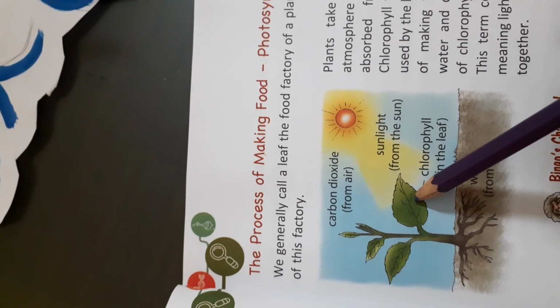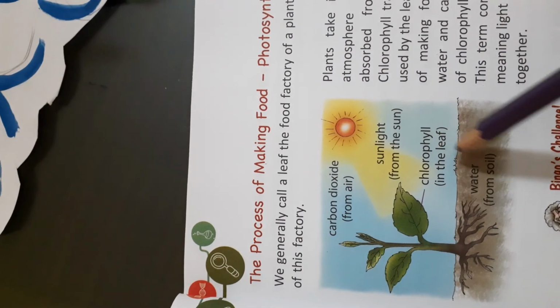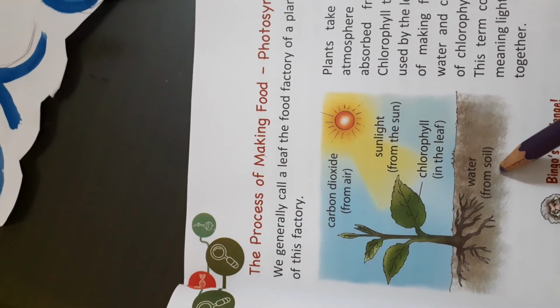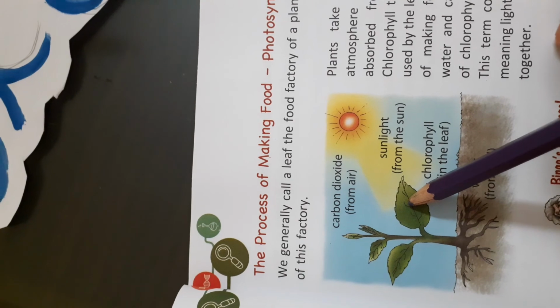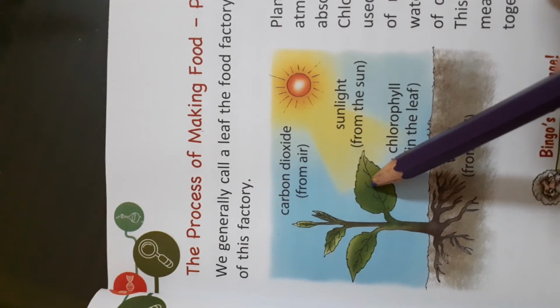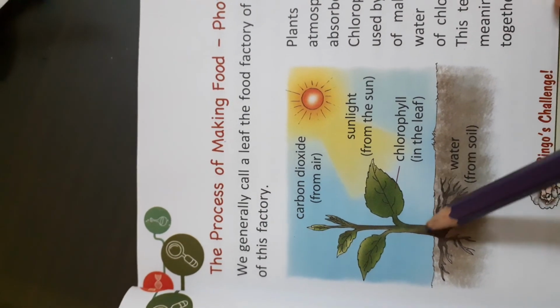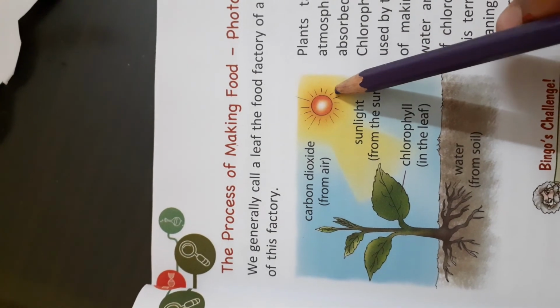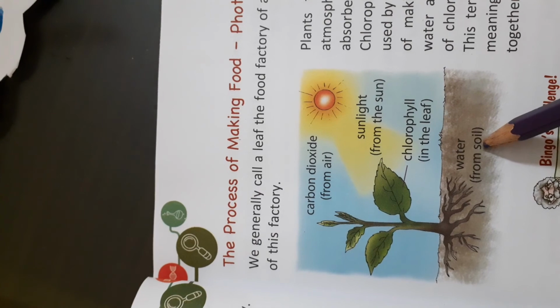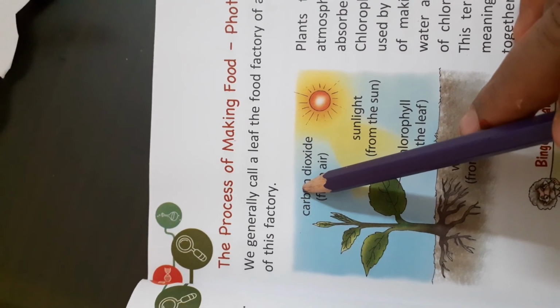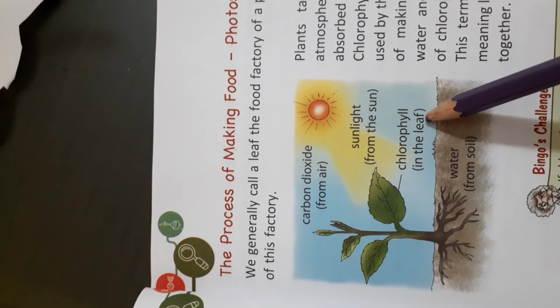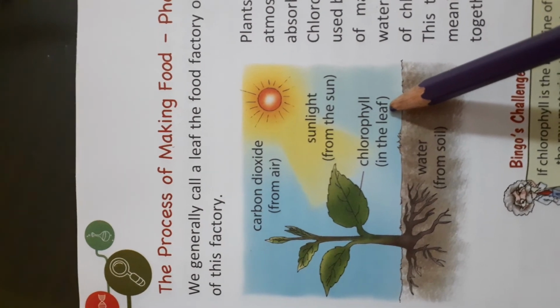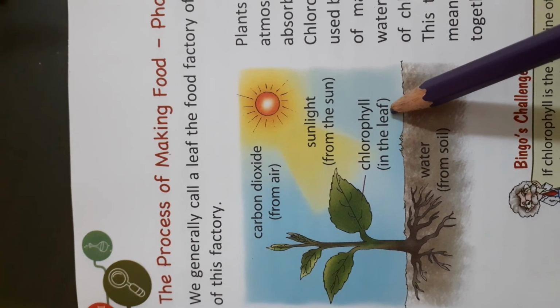All these are used by the leaf to prepare food. This process of making food by plants using sunlight, water and carbon dioxide in the presence of chlorophyll is known as photosynthesis.